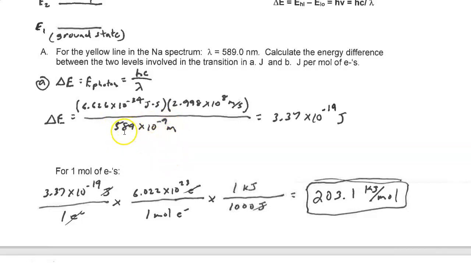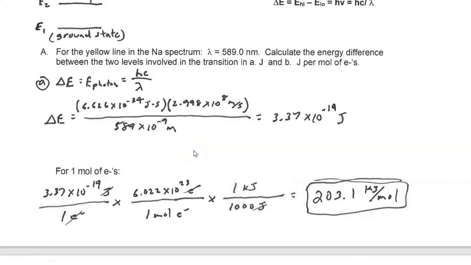And it will actually move that to 5.89 times 10 to the minus 7 meters. All right. So yeah, just punch it in as 589 times 10 to the negative 9th, and the calculator will do it. So you've got this times this divided by that. Notice that my inverse seconds here and seconds here cancel. I've got meters here, I've got meters there. What's the only unit I have left? Joules, which is what I'm looking for.